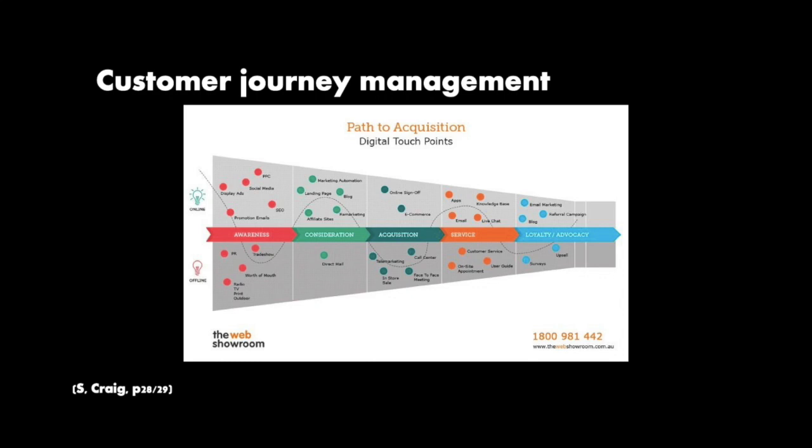The path to acquisition. This map shows the digital touchpoints a customer would make in the process of purchasing a product or a service.